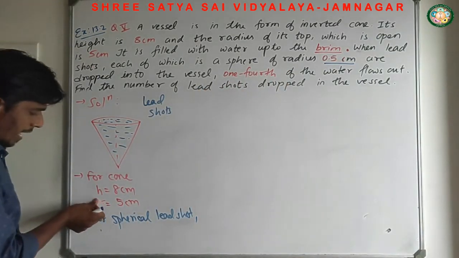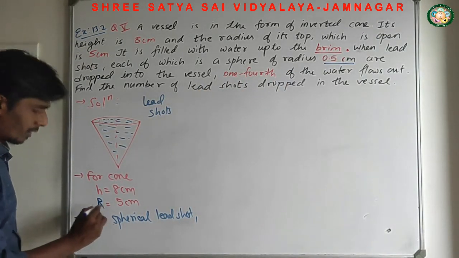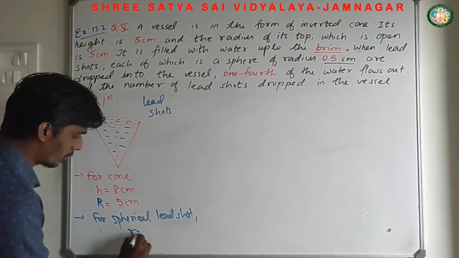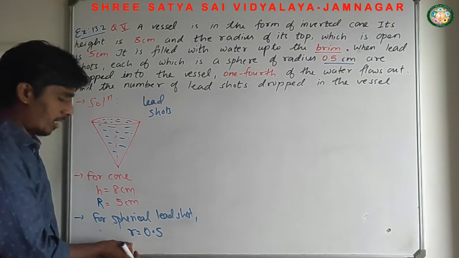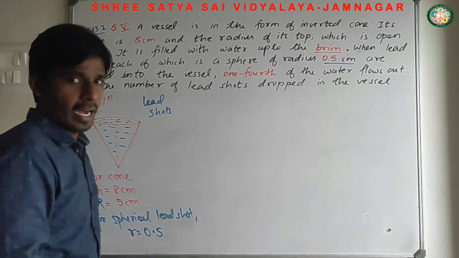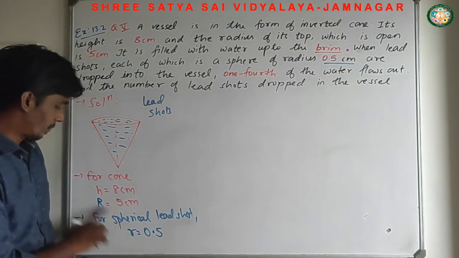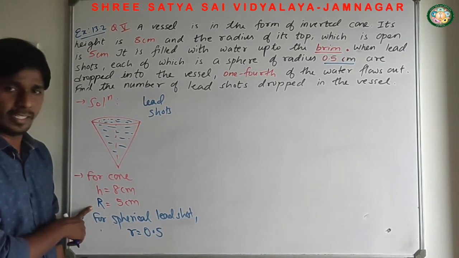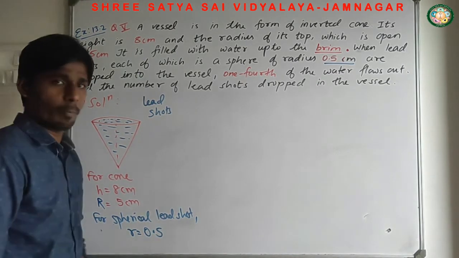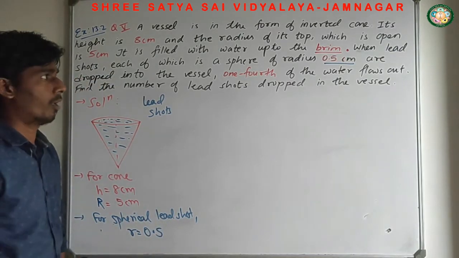So what I'll do, I'll convert this into capital R, and this will be small r, because its value is smaller. Or you can take R1 or R2, it doesn't matter. But you have to take two different variables. We can't take small r here and small r here. So the radius of the spherical ball is 0.5.